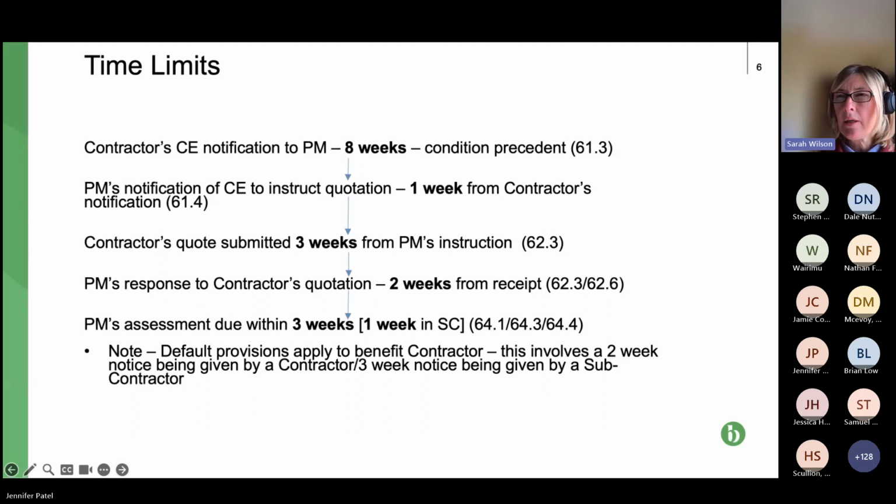So the contractor at that point, 2 weeks and 1 day, sends a letter or an email to the PM, you've missed this deadline, you should have responded in 2 weeks. We are giving you another 2 weeks. And if the PM still doesn't respond, then the PM is deemed to have agreed what it hasn't responded to, namely in this case, the contractor's quotation.